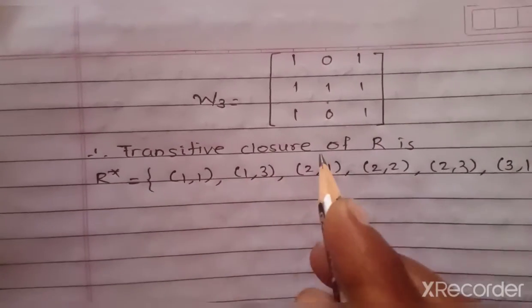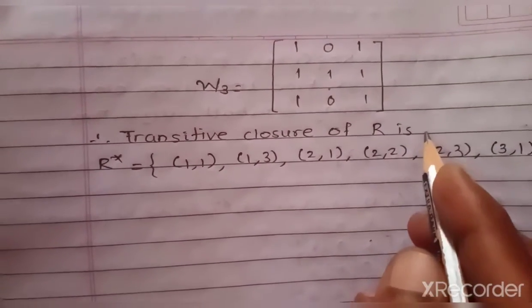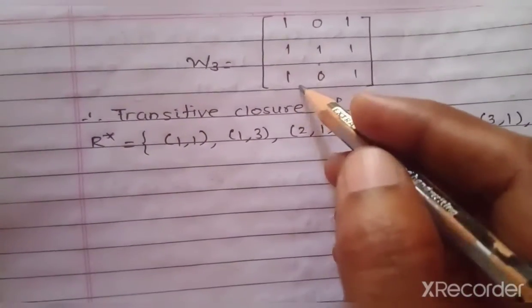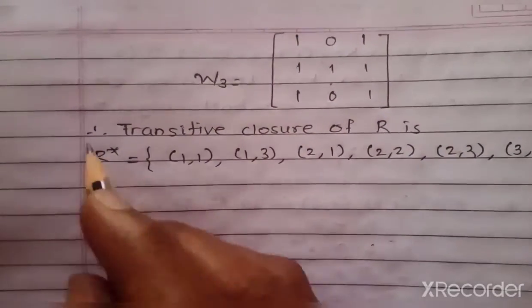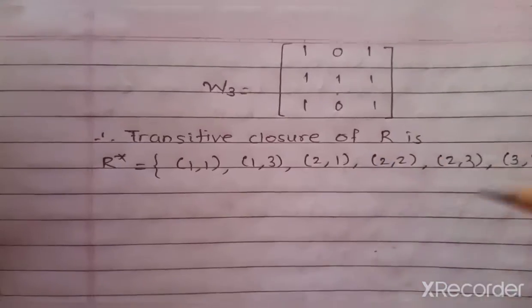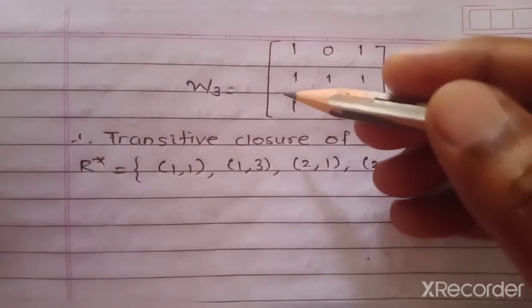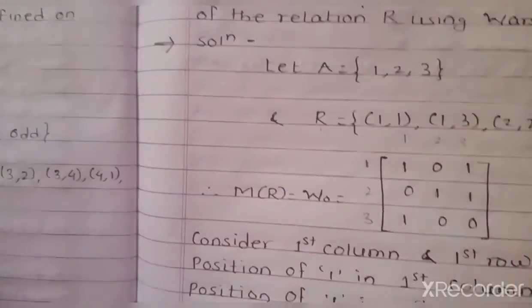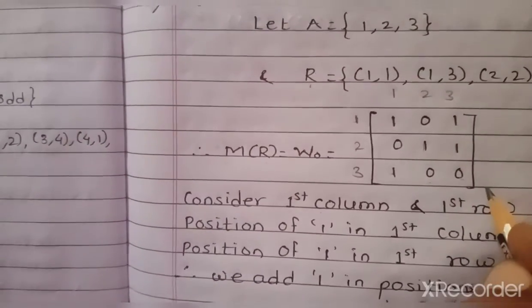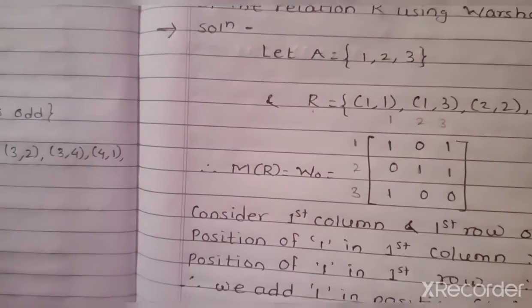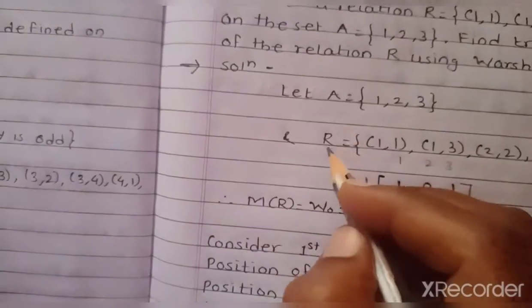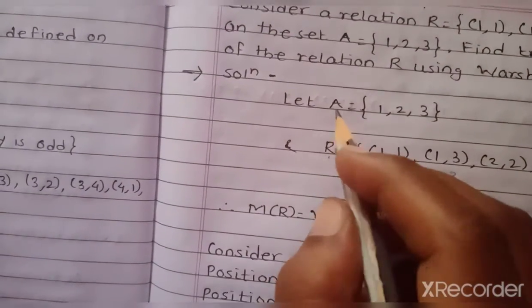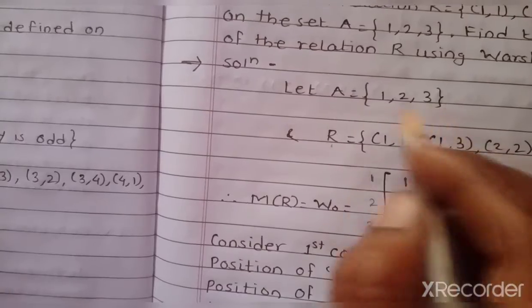Therefore, after this next step we write down the transitive closure of R. Up to which step do we have to follow this procedure? See here, the matrix is of order 3 by 3, meaning 3 rows and 3 columns, and the relation is defined on our set A, which contains 3 elements.